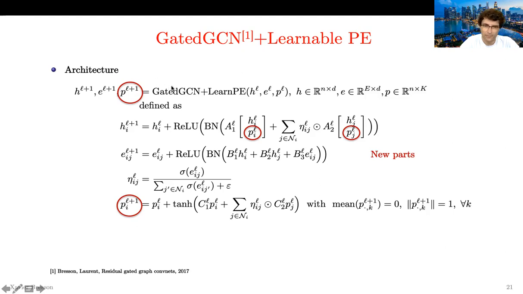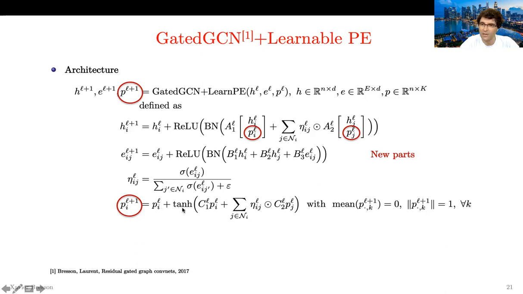So here is the same architecture as the original GNN, but we augment it with positional encoding, which is P. Each time we have a structural vector here, we concatenate it with a positional vector here. So we have structural information, positional information, structural information, positional information. That's quite easy.